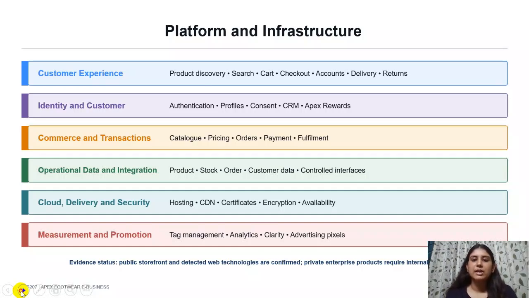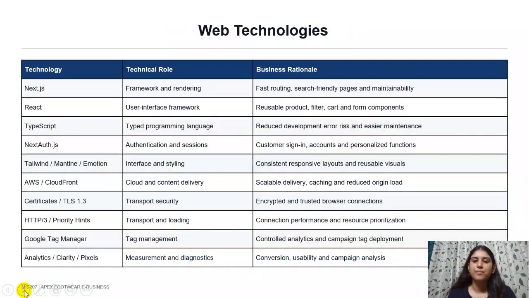Our supply technology audit identifies several technologies used by Apex for You. For example, Next.js is used as the web framework. React supports the user interface. TypeScript provides typed programming. NextAuth.js supports authentication and sessions.